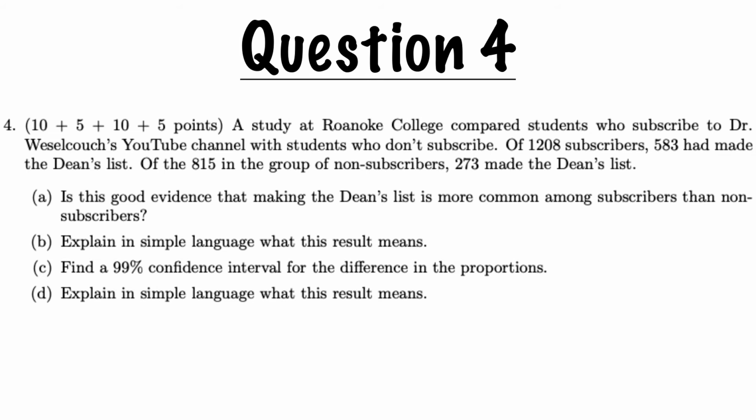Is this good evidence that making the Dean's List is more common among subscribers than non-subscribers? Explain in simple language what this result means. Find a 99% confidence interval for the difference in the proportions. Explain in simple language what this result means.